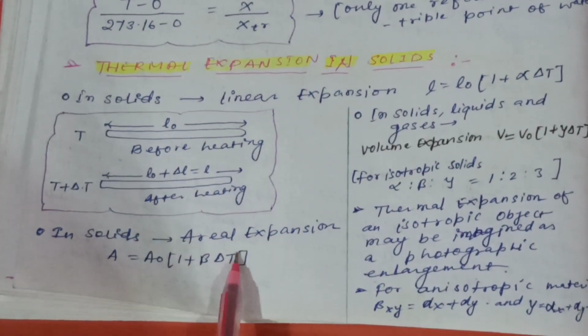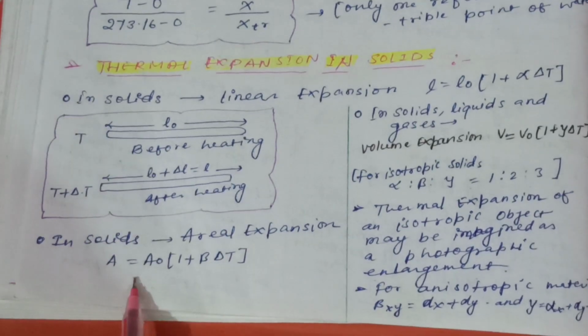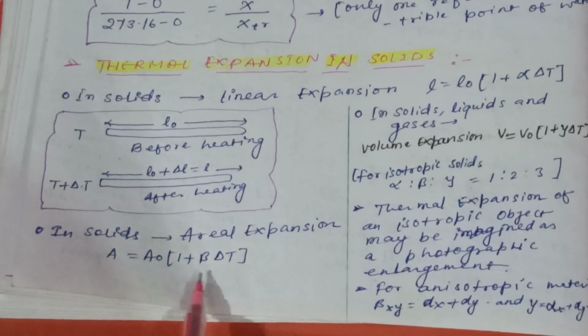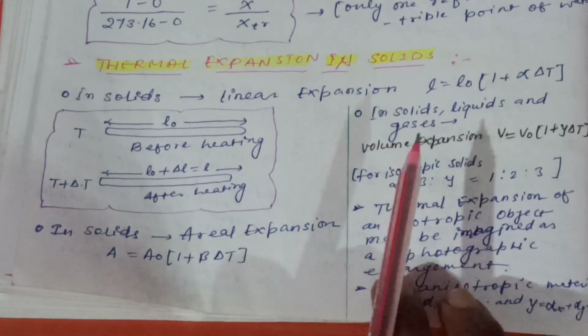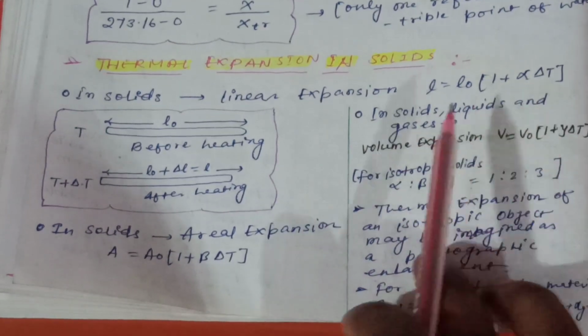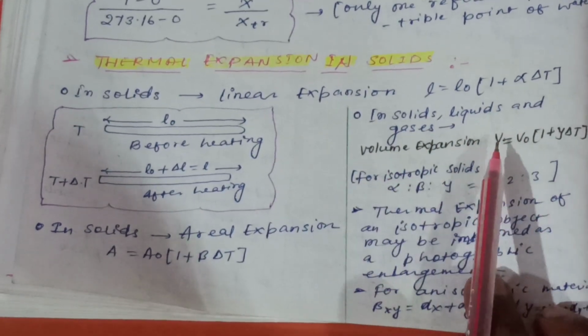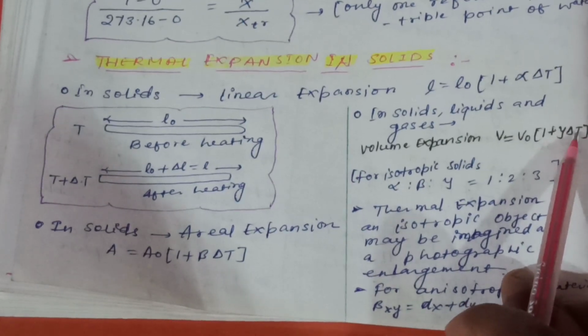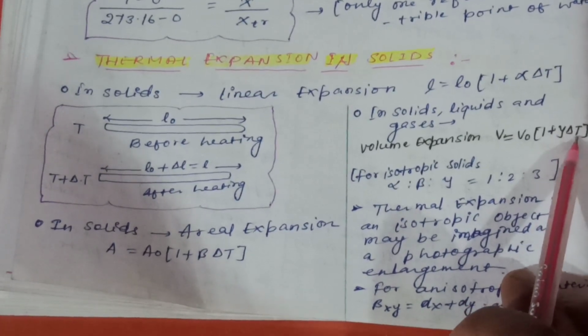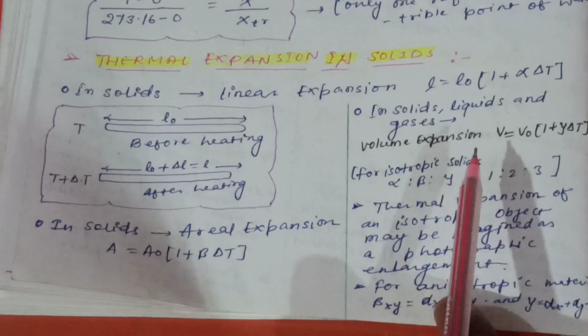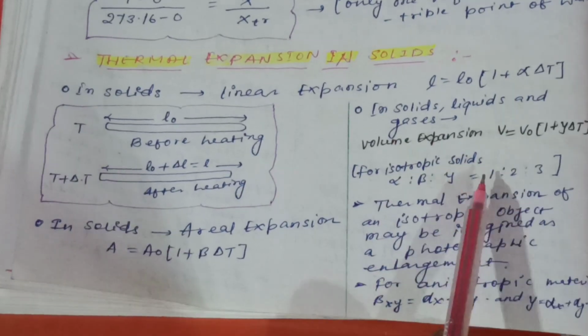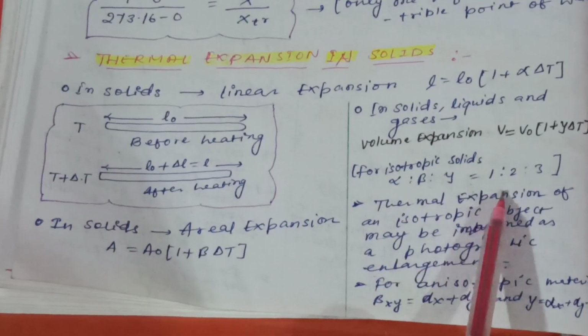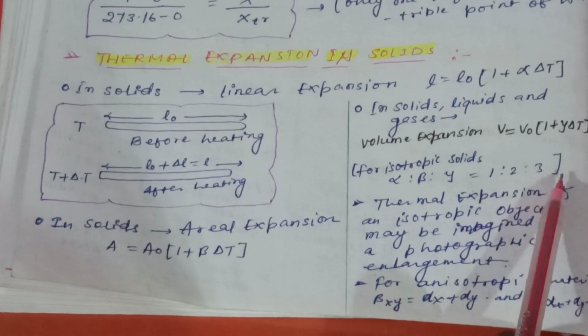In solids, areal expansion: A is equal to A naught (1 plus beta delta T). In solids, liquids and gases, volume expansion: V is equal to V naught (1 plus gamma delta T). For isotropic solids, alpha : beta : gamma is equal to 1:2:3.